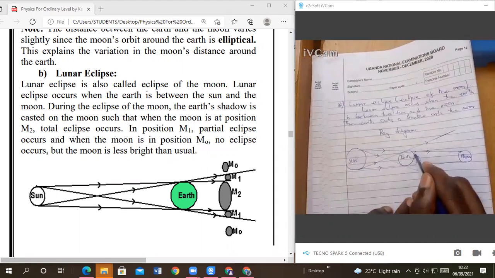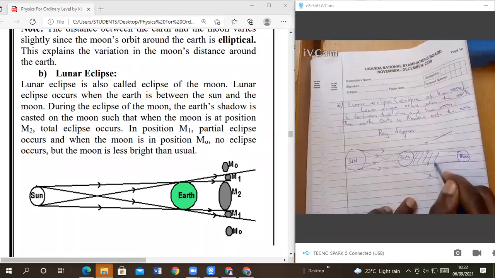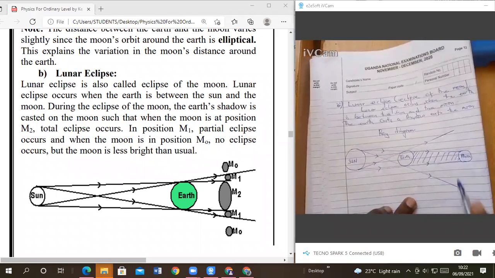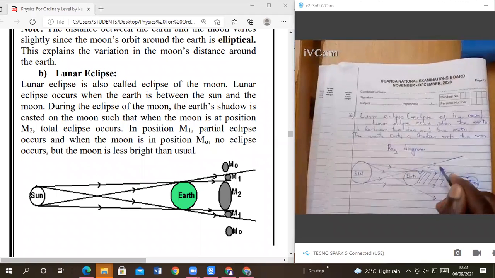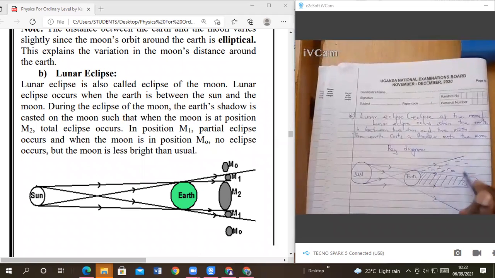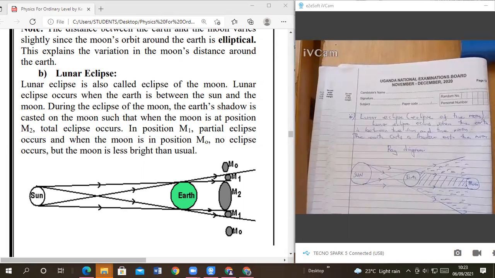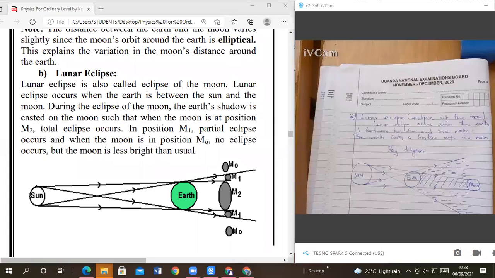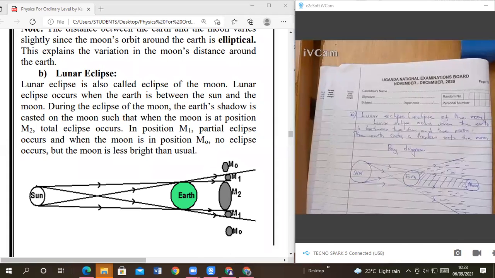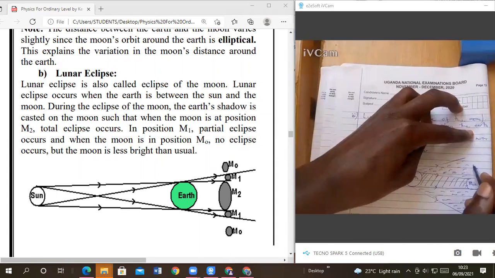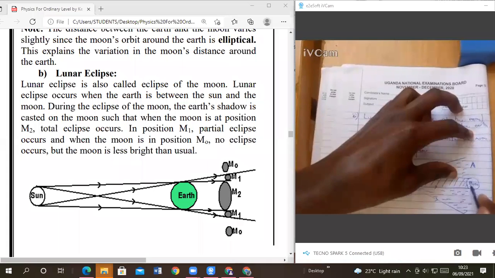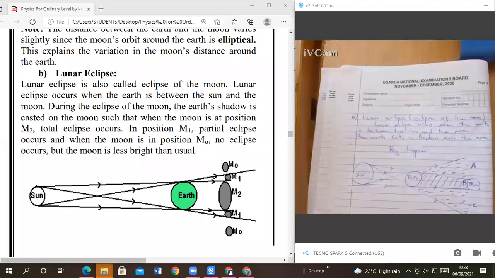So you find that if you create this one, we have this region here. Let's say this is region A, then this is region B, then there's region C. Okay?